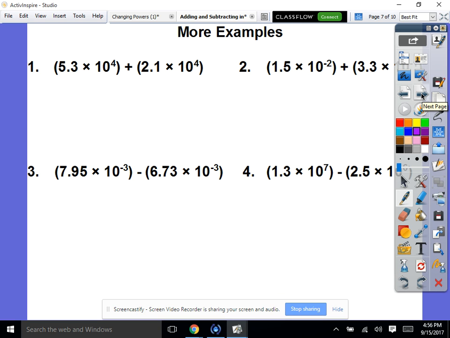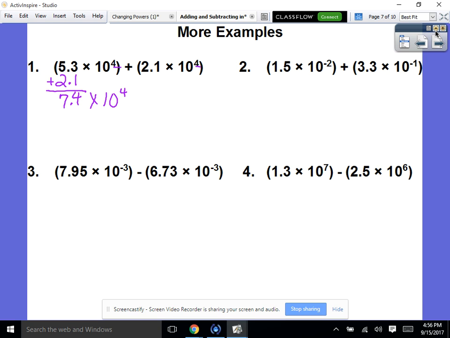All right, some more examples. Same exponent. We're just going to add these two numbers. So that would give us 3 plus 1 is 4, 5 plus 2 is 7, and we keep the power of 4. Well, we're going to change the smaller one.